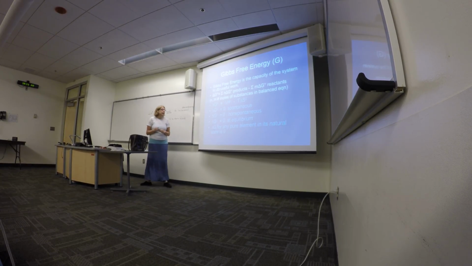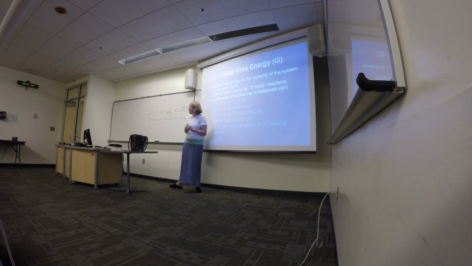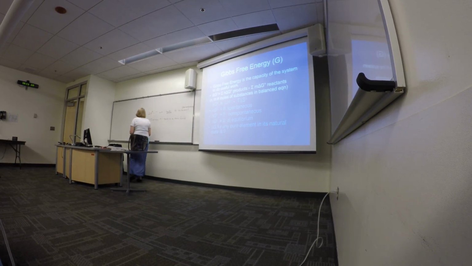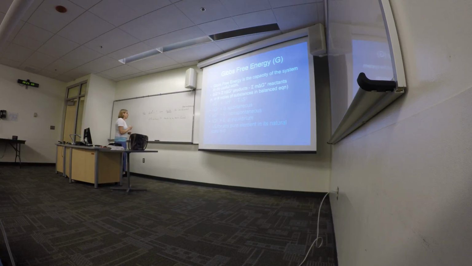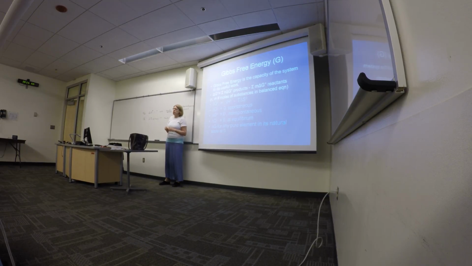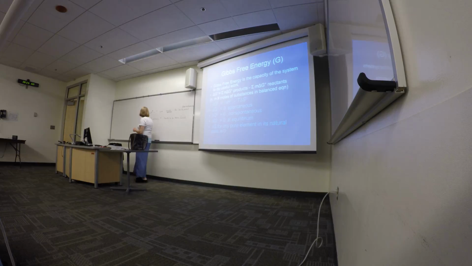What are the units? Well, we have to get our units. The units for delta H are kilojoules per mole. Our units for entropy are joules per Kelvin. And so I'm glad you brought this up. When we start to actually do problems, one of the things you will need to be careful of is to always make sure these units are in sync with each other, right?